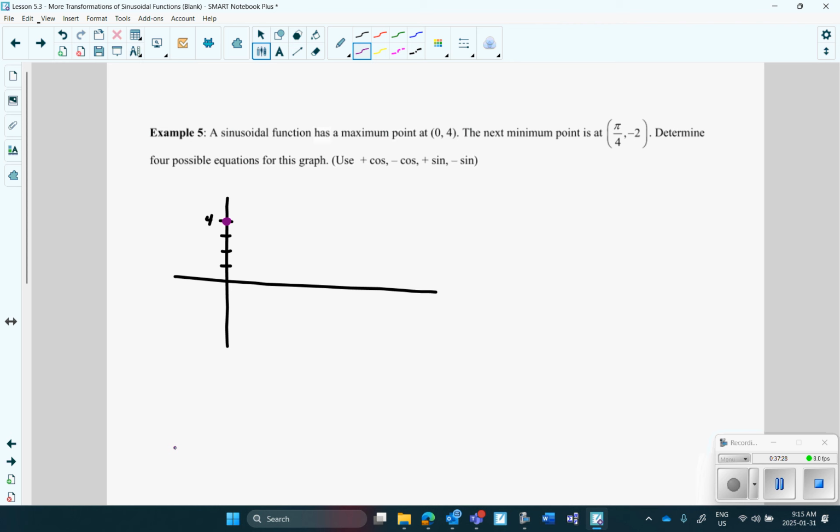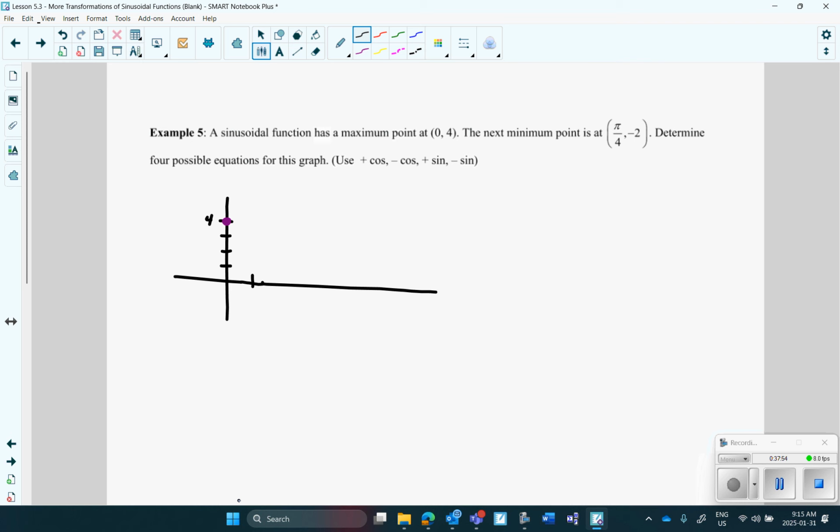Now, if you think about it, this is going to start going down, right? Because it's a maximum point. The next notch will be to the midline, won't it?